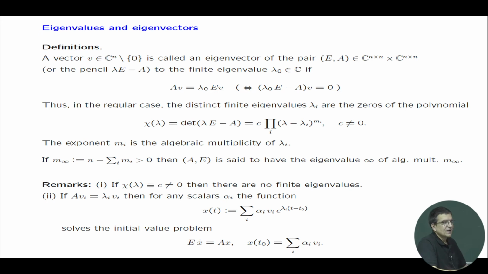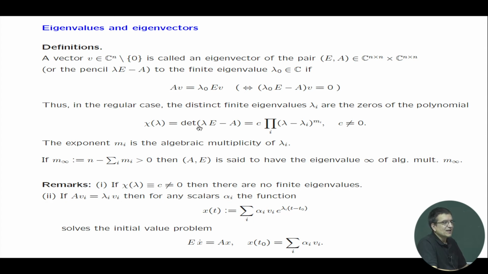But in the standard case, you have here the identity matrix. If you have here a singular matrix, you get a polynomial of lower degree. In the extreme case, set E to 0, then you get a constant polynomial.